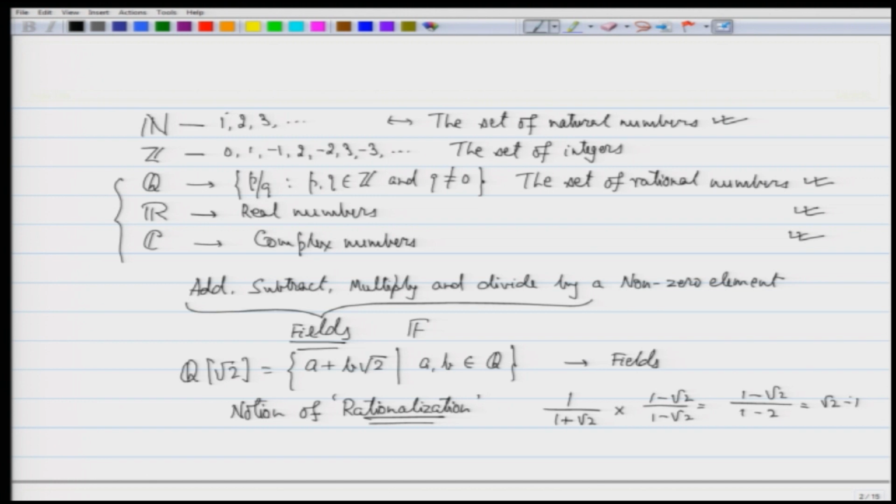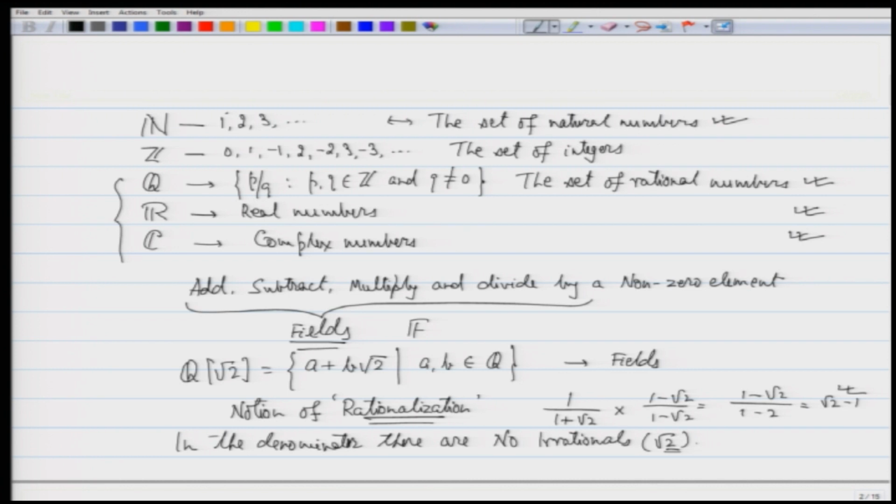So, in the denominator there are no irrationals. Here the irrational is root 2. So, in the denominator there is no irrational at the last step, all right.